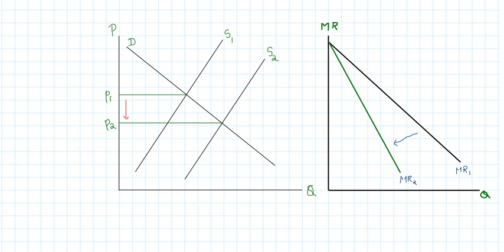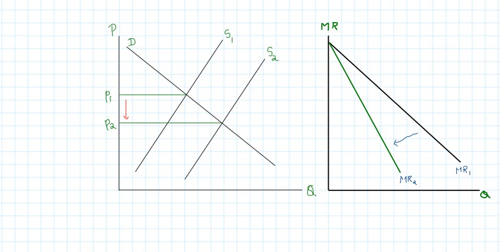MRPL curve is nothing but the marginal revenue product curve of labor, and basically it is obtained by multiplying marginal product of labor with the marginal revenue obtained from X. So in short, it summarizes how much is the change in total revenue due to hiring of one extra unit of labor.